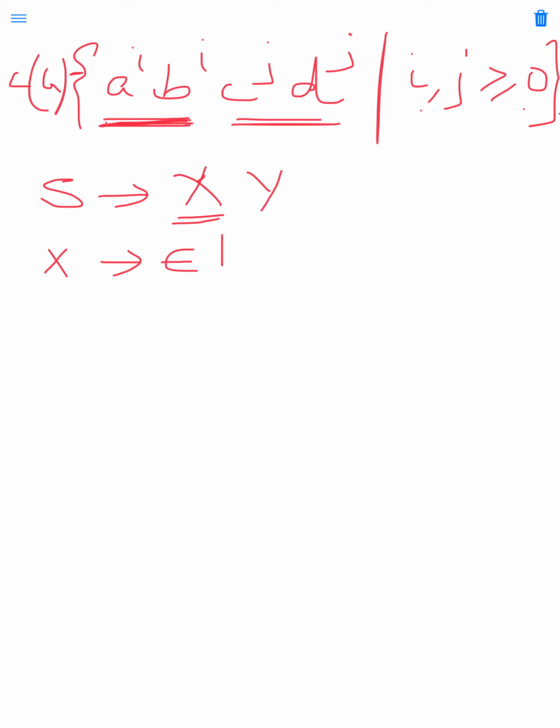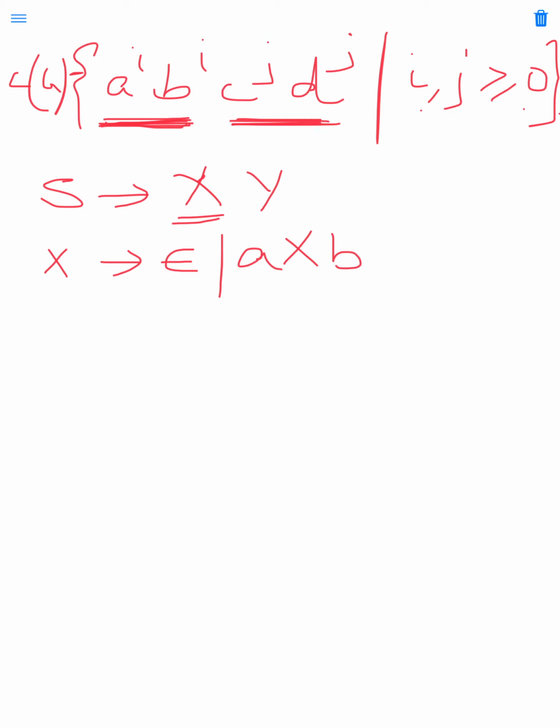Then if i is greater than 0, that is if it is 1 you will be having AB, isn't it? Then 2 means AABB. So the number of A's and B's will be same, and the occurrence of B will be followed after the occurrence of A. So you can write as written in the previous example, A X B.